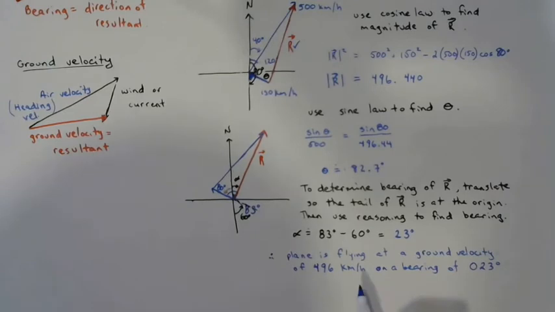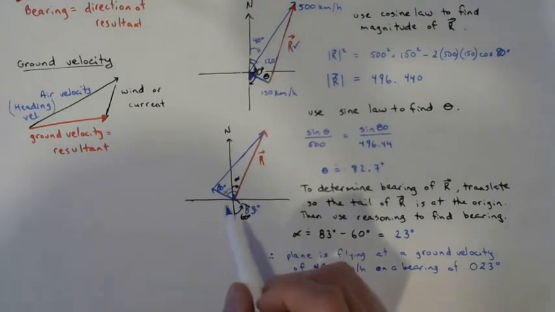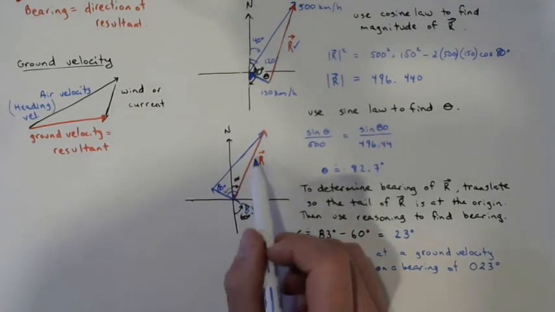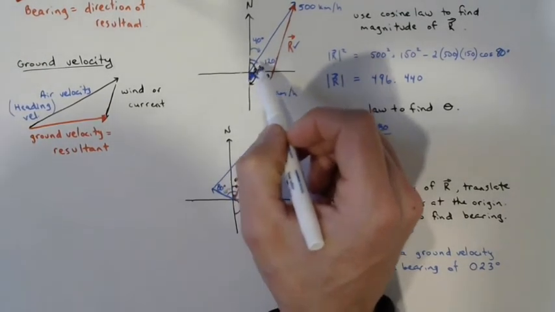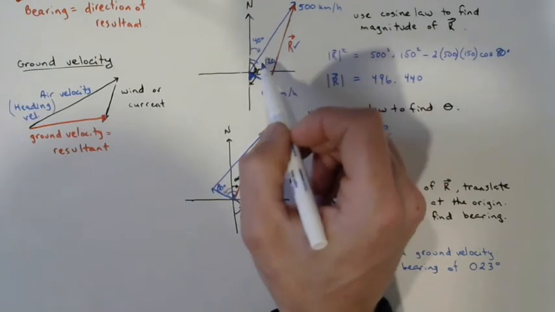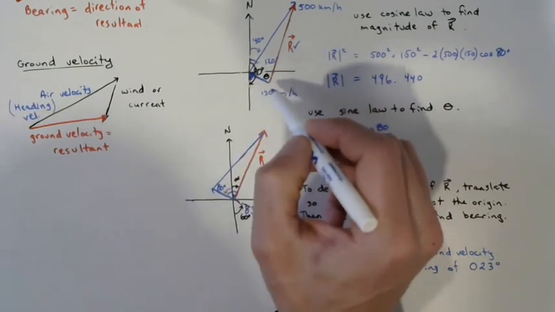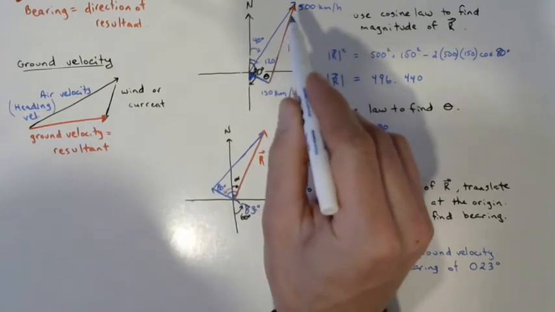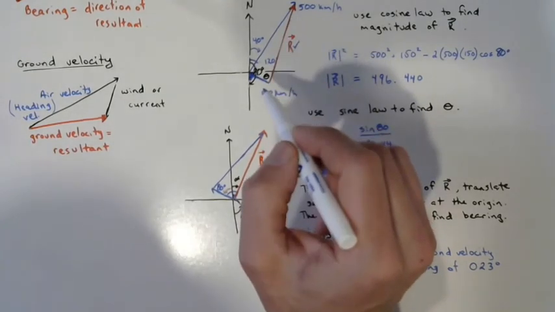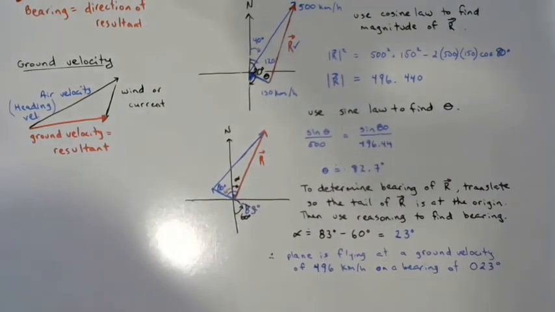And again, that is the direction the plane needs to fly. Sorry, that's the ground speed. That's where the plane ends up as it flies one direction at 500 kilometers per hour and the wind works at it from a different direction at 150 kilometers, then that's what actually happens to the airplane relative to the ground.